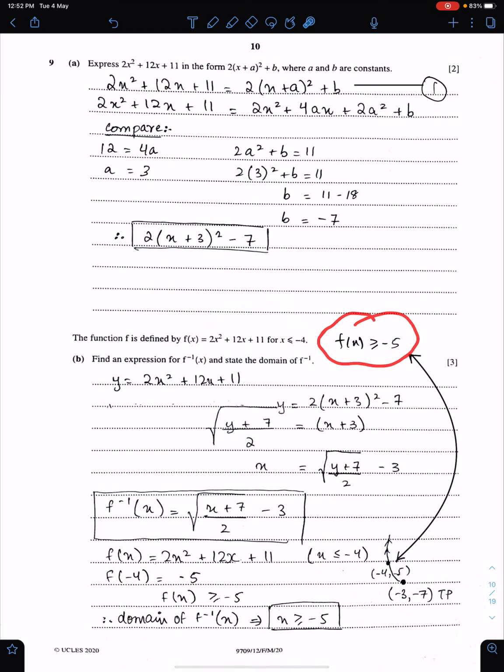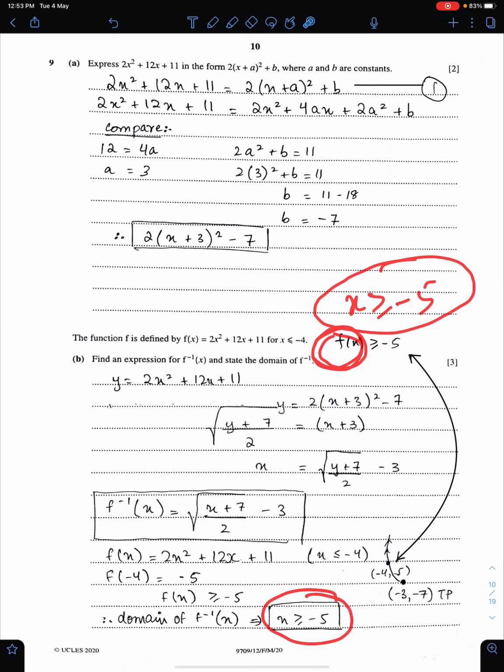We did this because the range of f is the domain of f inverse. Now we need the expression for f inverse and to state the domain of f inverse. We already found the range of f, so the domain of f inverse will be the same, but we just need to replace f of x by x. So this will be the domain for f inverse.